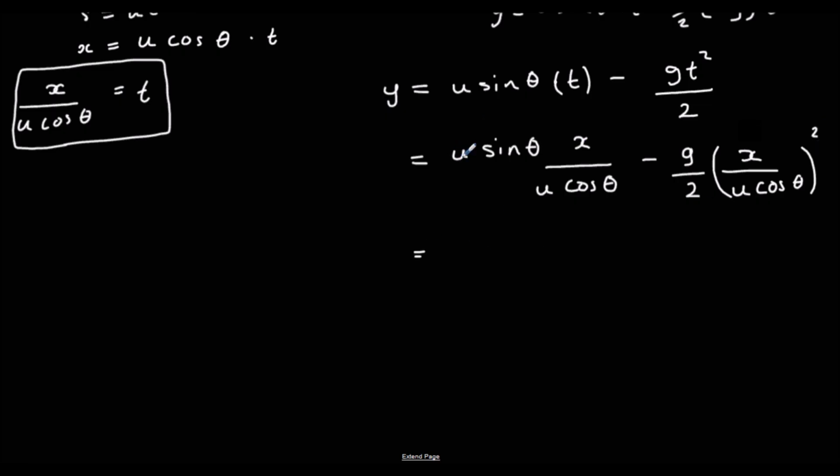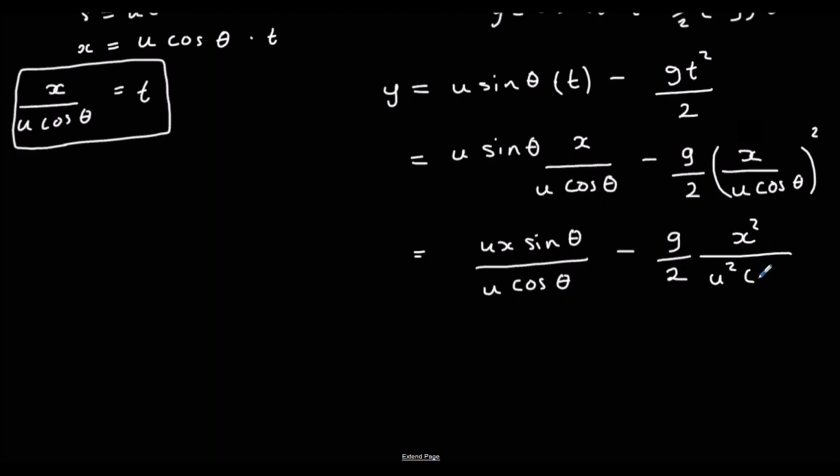So we've got on top here, we've got ux sine theta over u cos theta. And we'll leave the g over 2 for now. We're going to square top and bottom. So we've got x squared over u squared cos squared theta. So on this part we can cancel the u's. So we've got x sine theta over cos theta.